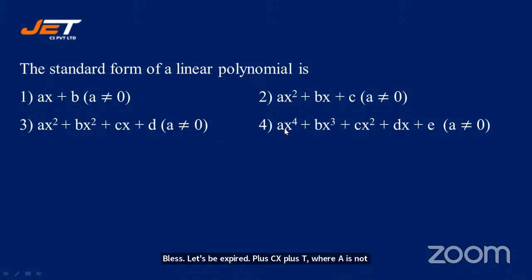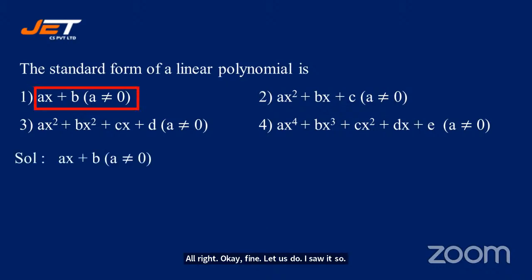Or is it ax to the power 4 plus bx cube plus cx square plus dx plus e, where a is not equal to 0? All right. So here it is ax plus b, where a is not equal to 0.